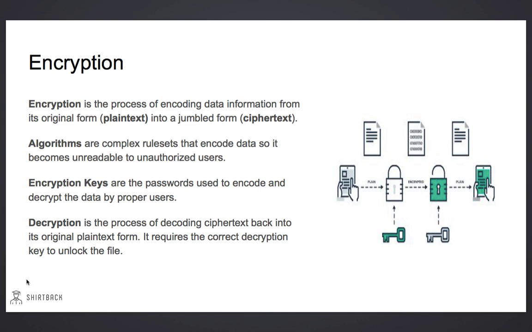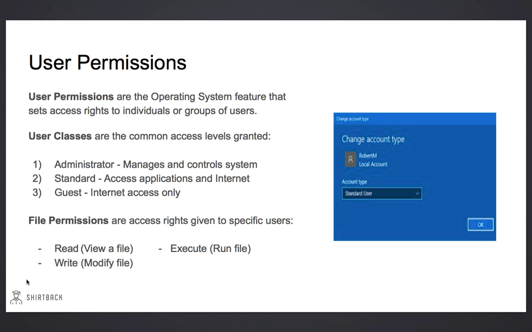Decryption is the process of decoding the ciphertext back into its original form. It requires the correct decryption keys to unlock the file. User permissions are the operating system feature that sets access rights for individuals or groups.